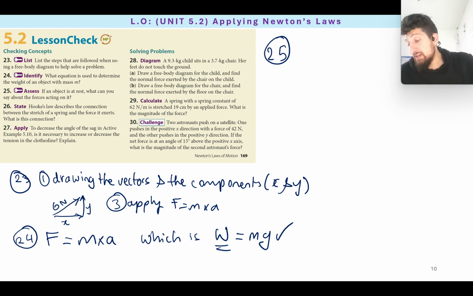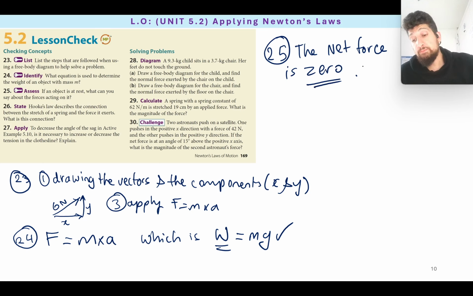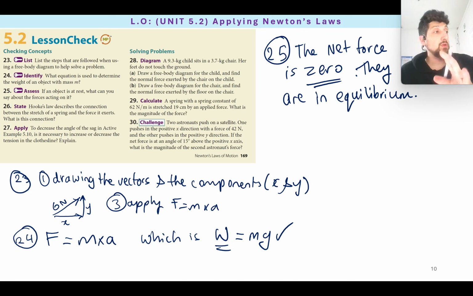If an object is at rest, what can you say about the forces acting on it? The net force is 0. The forces are in equilibrium. That means they're all equal and settled.